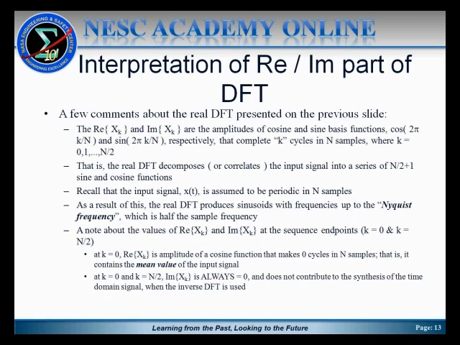Those real DFT signals decompose or correlate the input signal into a series of sine and cosine functions. You might recall that from a concept brought up earlier in mathematics, probably in your sophomore-level mathematics class in college, and that is Fourier series, where you can take any continuous periodic function and compute it as the infinite sum of a series of sinusoids.